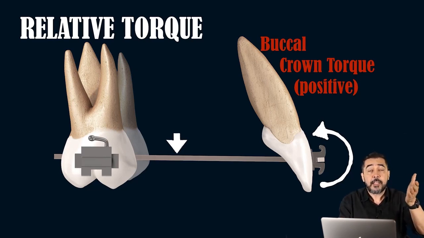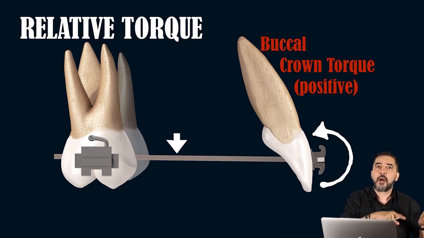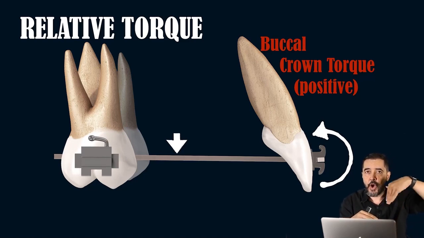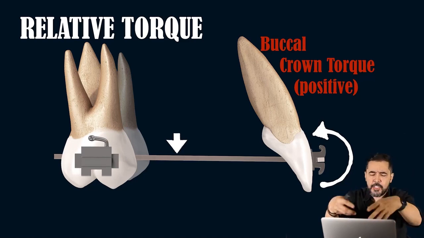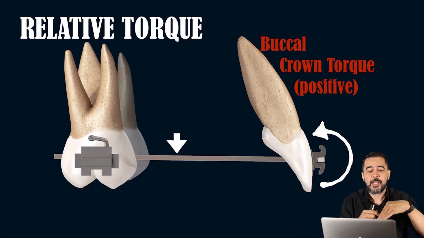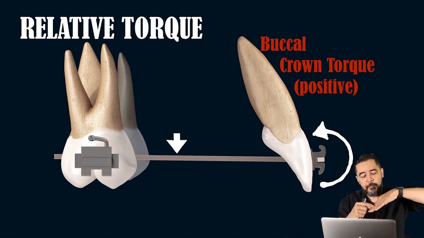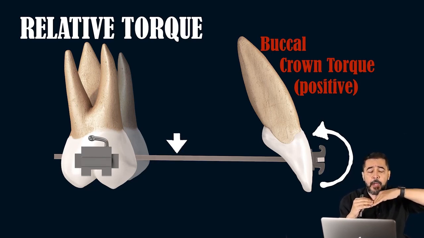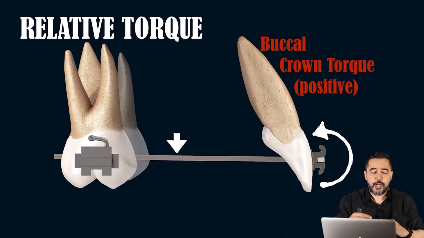So as you can see, the same real torque applied two different relative torques to the anterior teeth, because the inclination of this specific central incisor tooth is different in those two examples. First one, very buccally inclined, and the second situation, great inclination to palatal, to lingual, okay?